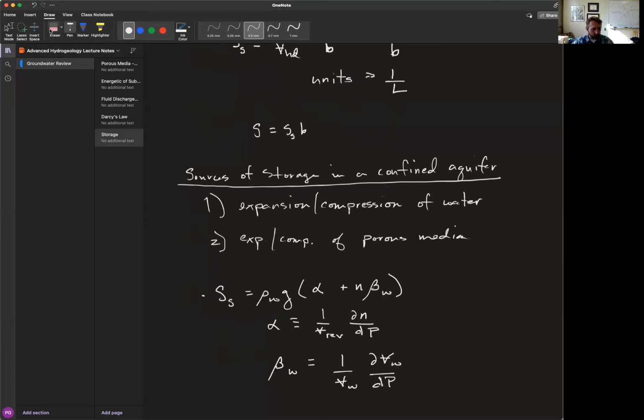I don't think these should be squiggles. Here they should be straight d's. That's important. Getting sloppy.